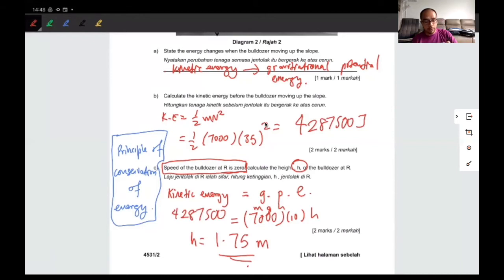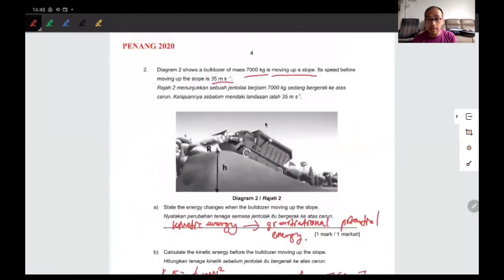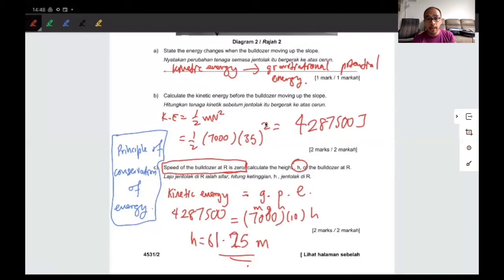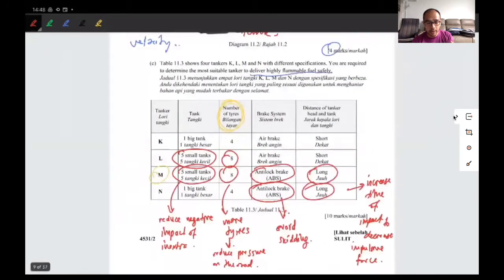So the height will be 61.25 meters. So for the Penang question just now, question number 2, I calculated this wrongly because I forgot to square the 35. The speed calculation is still the same, I just calculated wrongly. So you get 61.25 meters. Thanks for pointing it out.